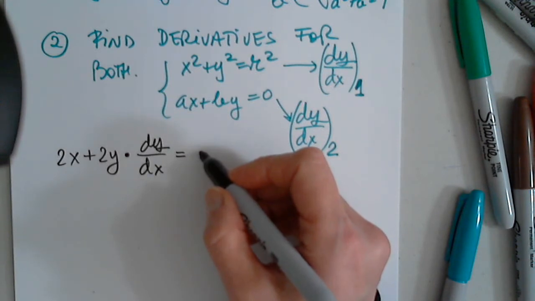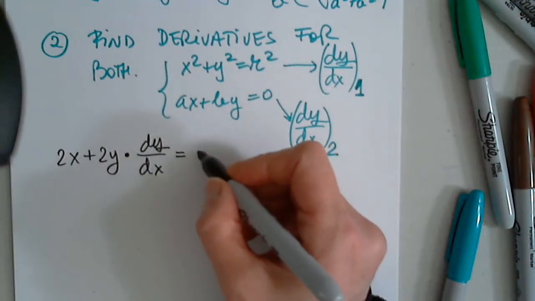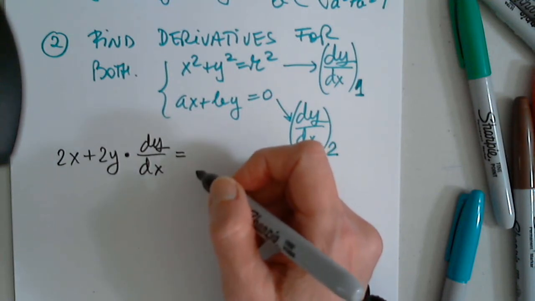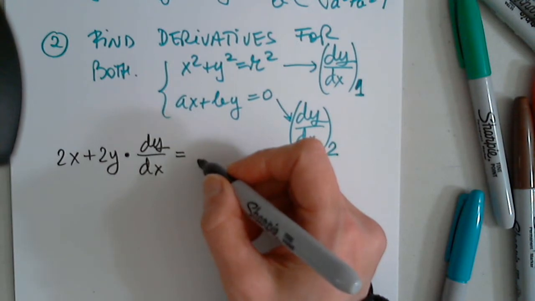What do you think, anyone? What is the derivative of r squared with respect to x? What would this be? Ian? Sarah? Would it be 2?